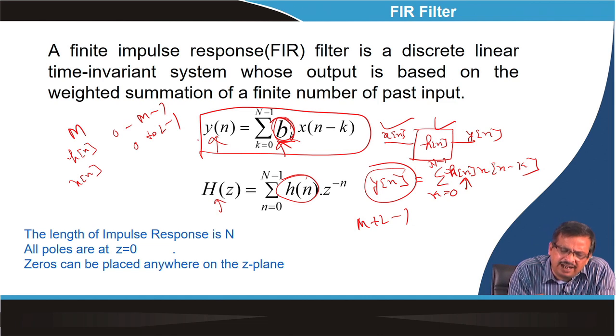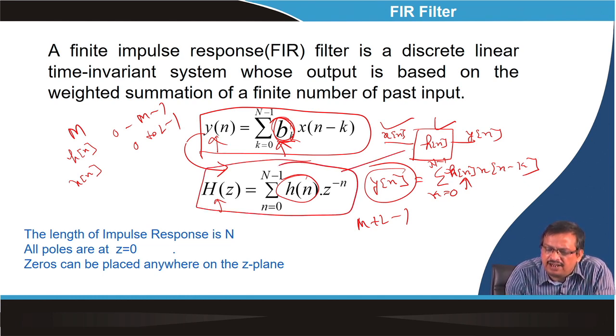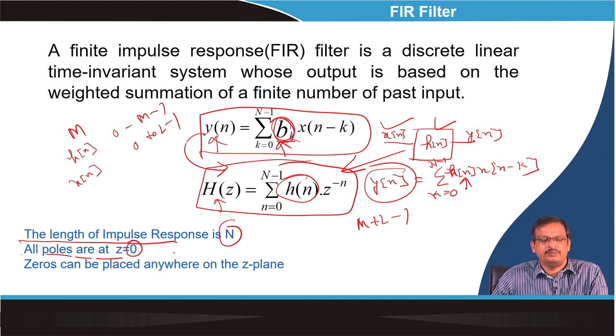Now if I take the Z transform of the filter h(n), this is the Z transform of h(n). Here n is the order of the filter, so the length of the impulse response is n. All poles are at 0, z to the power minus n, so it is 1 by z to the power n, which is nothing but all poles at 0. Zeros can be placed anywhere in the z plane.